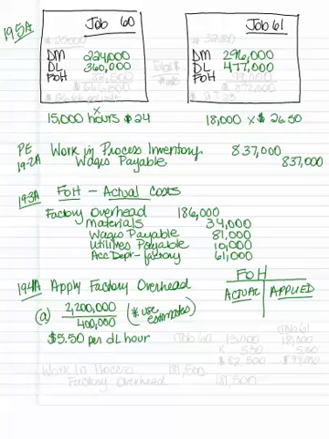So we're going to look at the direct labor hours for job 60, which is 15,000 hours, and job 61, which was 18,000 hours, and you'll say times the predetermined rate of 5.50 gives you factory overhead applied for job 60 of $82,500, and for job 61, $99,000.